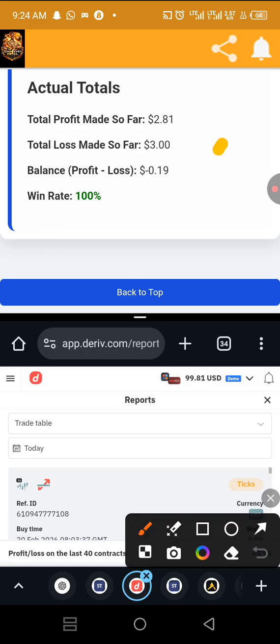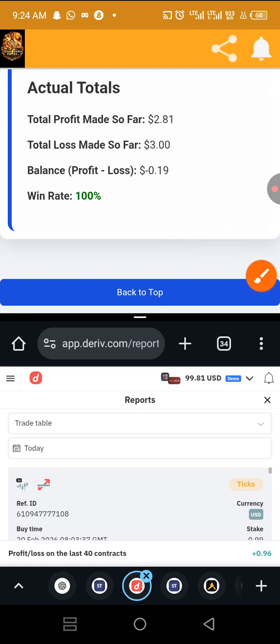We are still in negative EV, but we are looking forward to being in positive EV by tomorrow. If truly this is our strategy and our win rate is strong, we should be in positive EV by tomorrow. And if we are not in positive EV tomorrow, we keep on continuing till the end of the month, till we realize whether this thing is profitable or not.